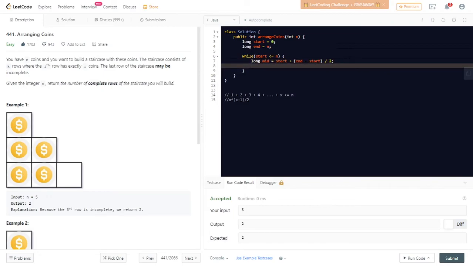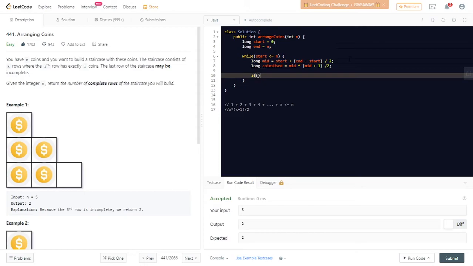Now for the number of coins used, we would use long coins used equals mid into mid plus 1 by 2. Now we are going to be searching for the mid value for which the equation would be satisfied.